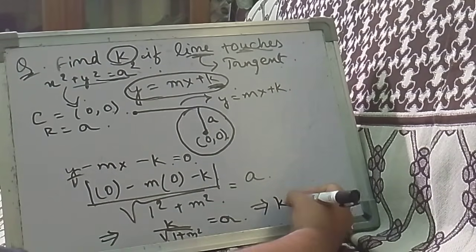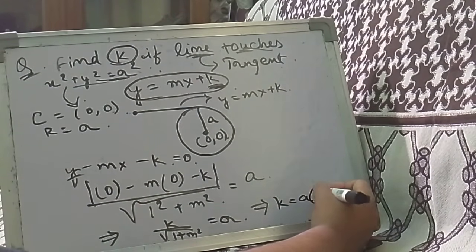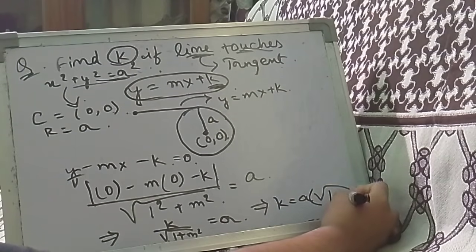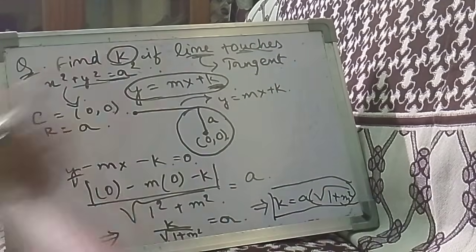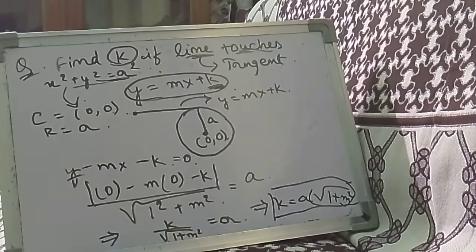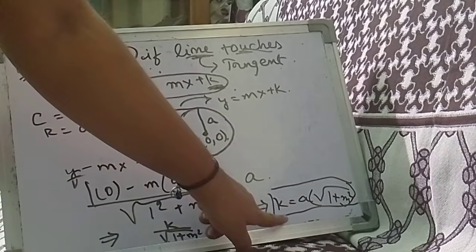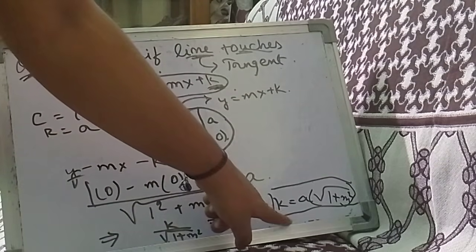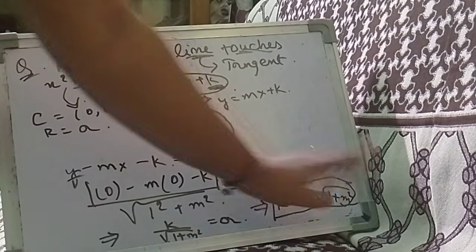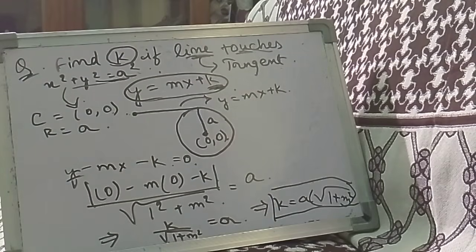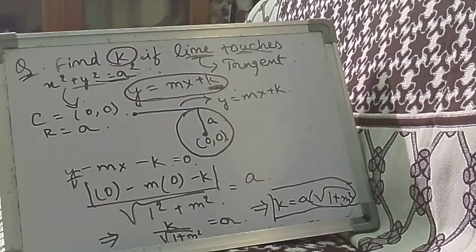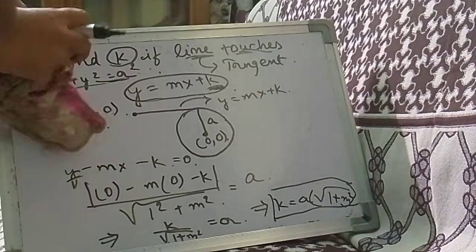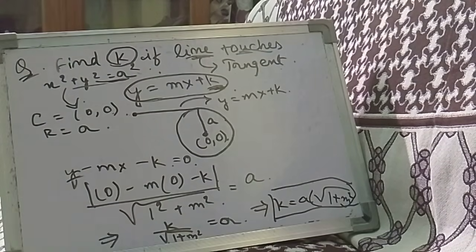So k equals a under root of (1 plus m square). This is our final value of k, that is k equals a under root of (1 plus m square). So we have got the value of k by directly putting it in this formula. Now let's move on to our next question.